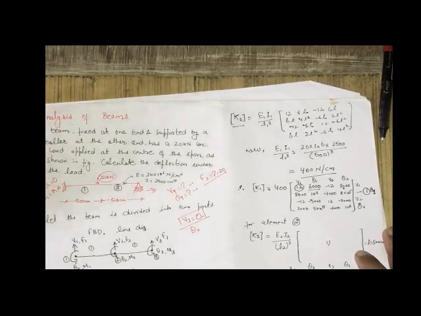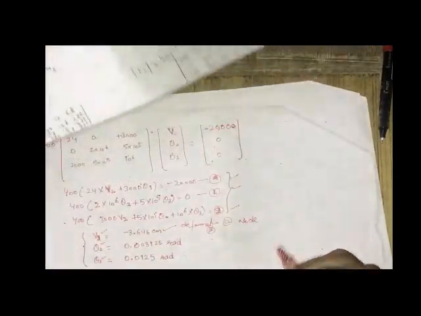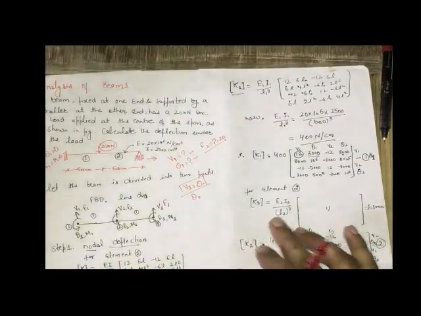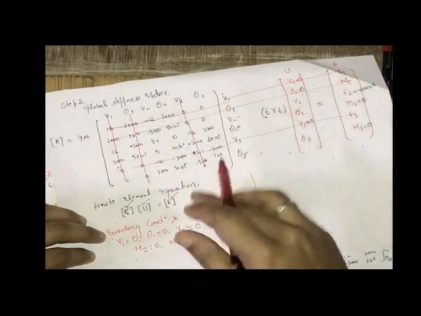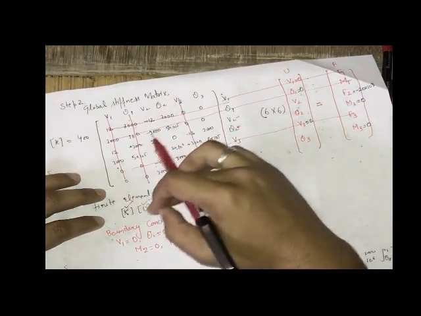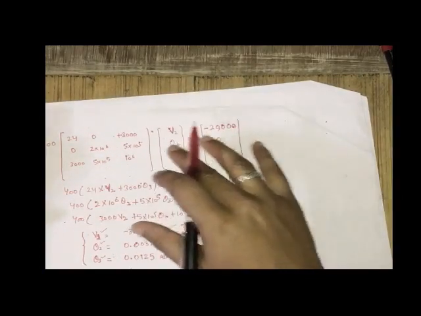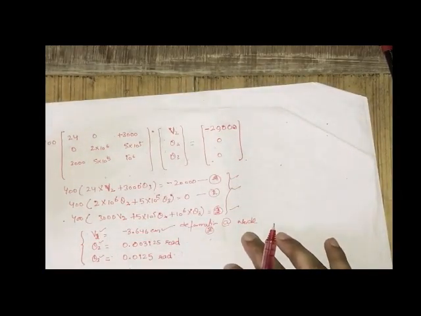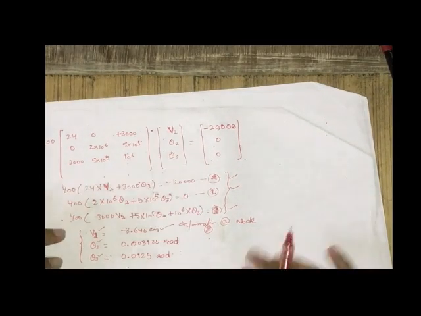In the basic equation of FEM, as we all know, we have to find three things: K, U, and F. K is the global stiffness matrix, so we calculate K first, then U, then F. By applying the boundary conditions we get these values, and by using a calculator or making the equations with your mathematical knowledge, you easily get the values of V2, theta 2, and theta 3.